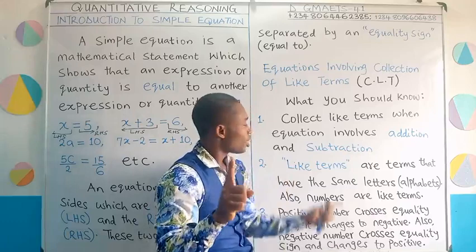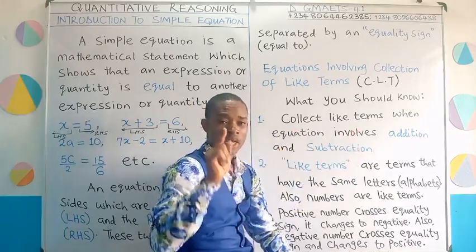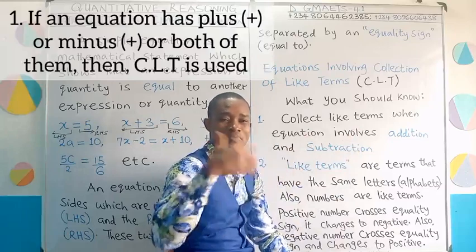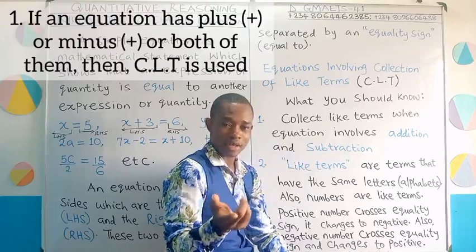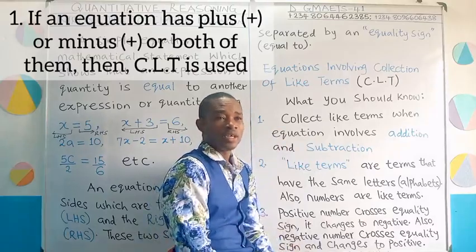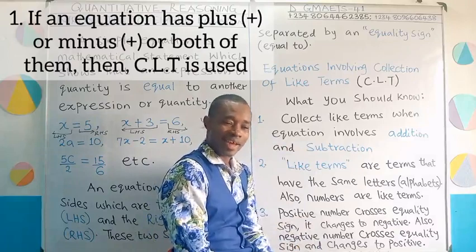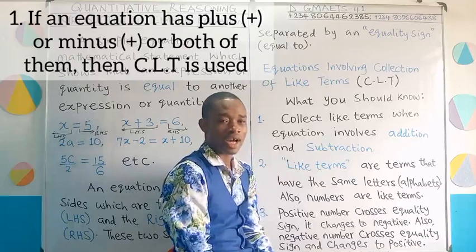Number one, how would you know that in this simple equation you have to collect like terms? Whenever you see plus or minus, these two mathematical signs, in any question that's a simple equation, then you should know that likely you have to collect like terms. That is, you may collect like terms in that question.